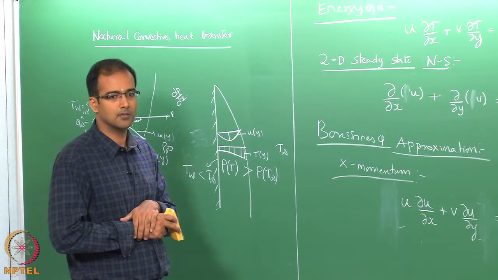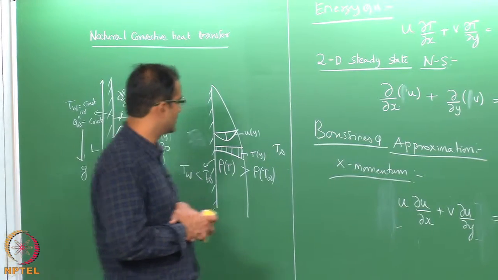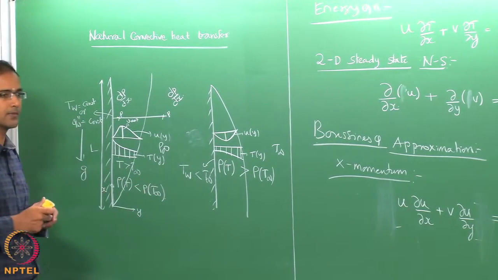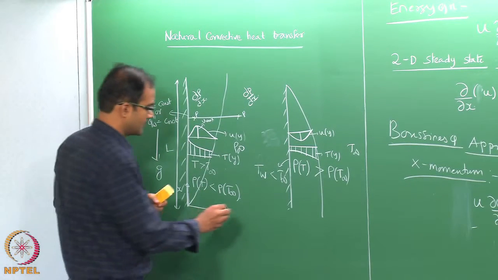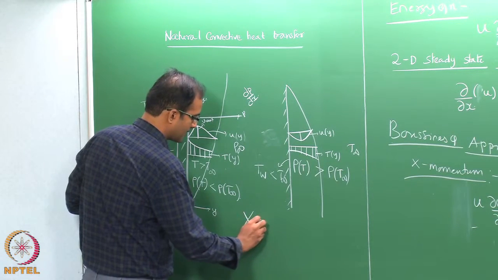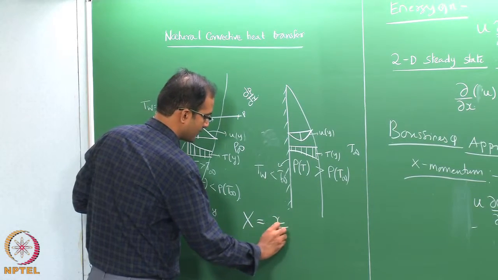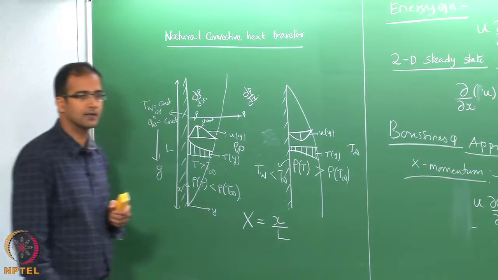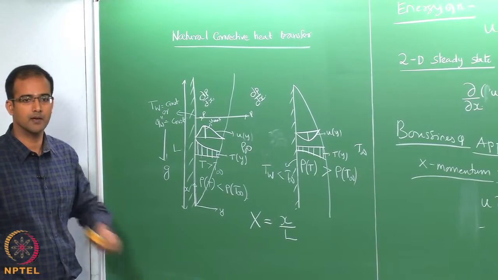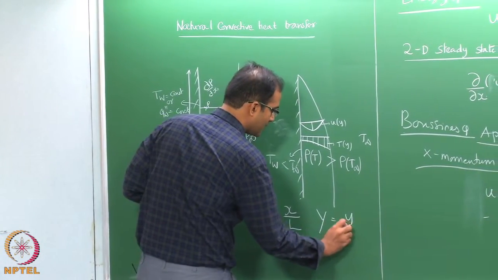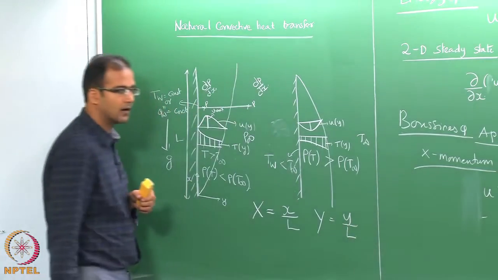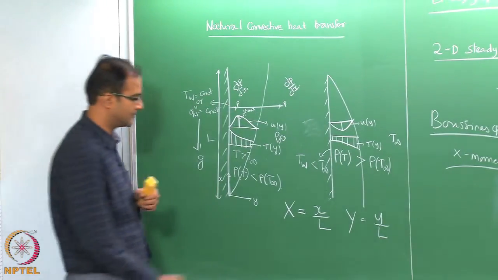So, I request all of you to scale all the variables here. That means, you take your position x and scale it with the length of the plate, this will be your non-dimensional x, similarly your non-dimensional y. And how do you scale velocity here?